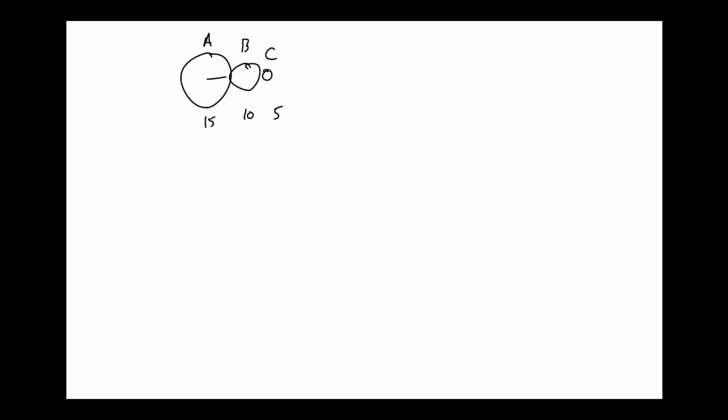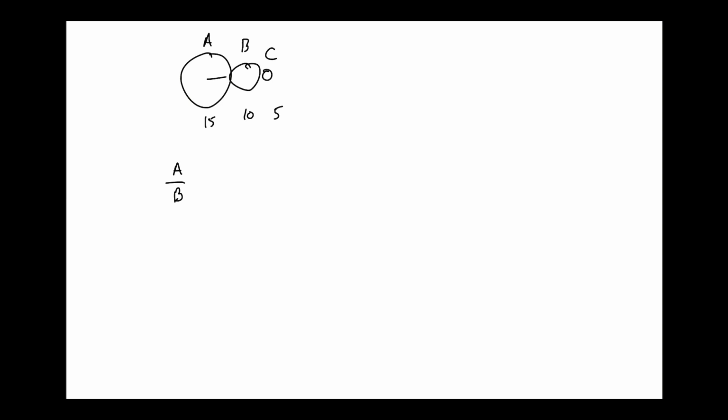Okay, so the rate at which A turns, so if I want to know how many times does B turn for each turn of A, right? Well, what's the ratio of A to B? 15 to 10, or A over B symbolically, okay?